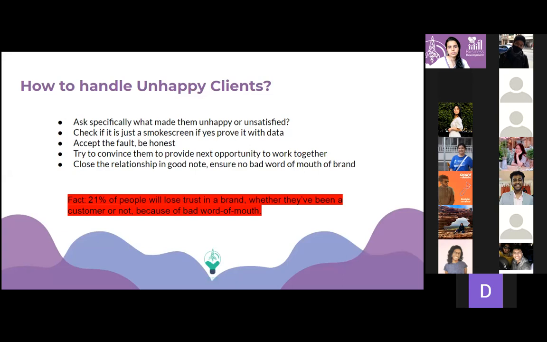One bad word of mouth is mostly listened to by 15 to 20 people, and one good word of mouth is only listened to by 5 to 6 people. So this is how important it is to ensure that even if the partner is unhappy, there is no bad word of mouth. Because as a BD person, you also have to ensure that our brand awareness is positive.